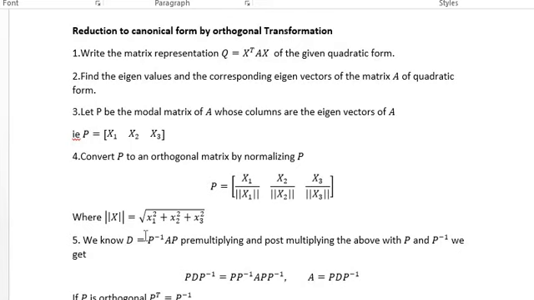Third step is, let P be the modal matrix of A whose columns are eigenvectors of A. That is, after finding the eigenvalues, we find the eigenvectors of the corresponding eigenvalues.